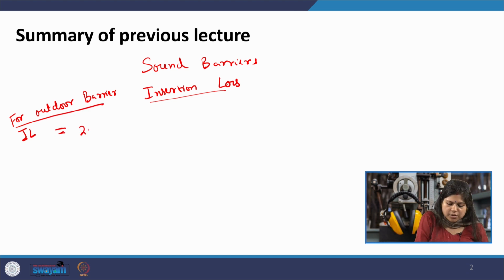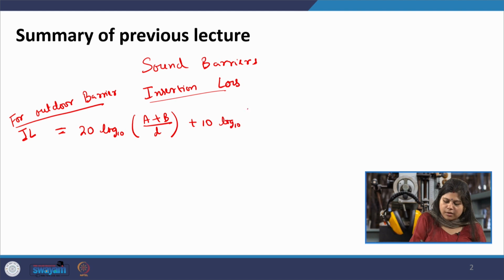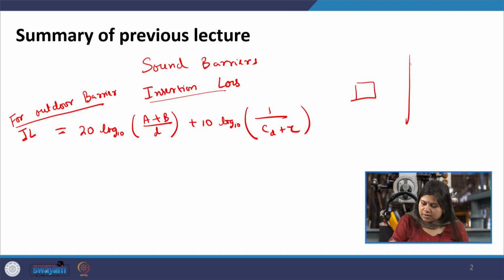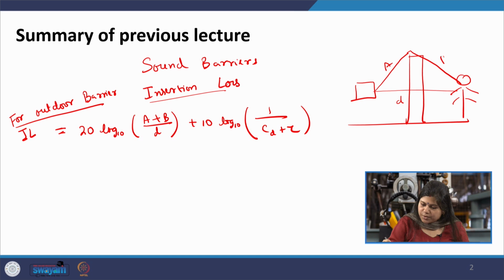This is a very important equation: 20 log 10 of (A plus B) by D plus 10 log 10 of 1 upon (CD plus tau), tau being the transmission intensity coefficient of the material used for the barrier. Here, this is the noise source, this is the barrier in between, and this is your listener, and if this is your shortest distance D between them, this value is A and this value is B.